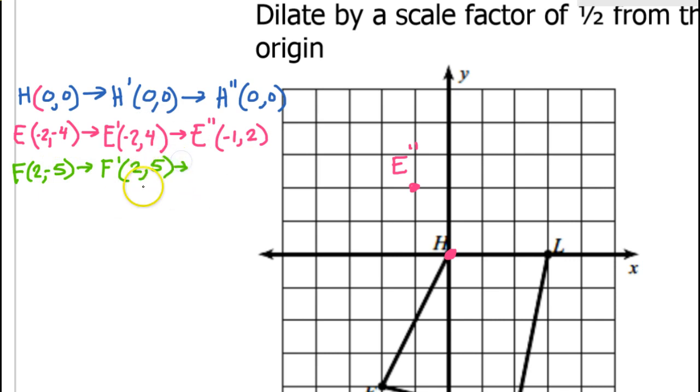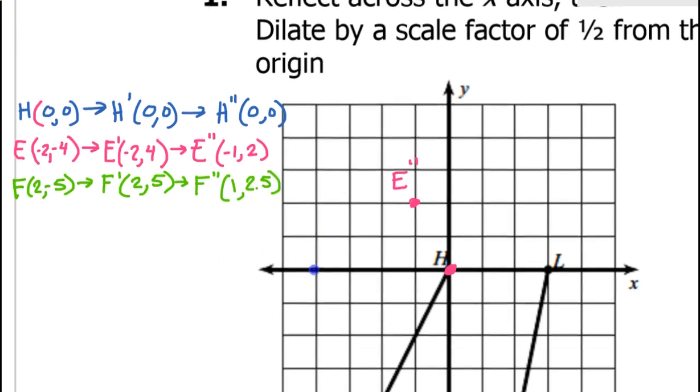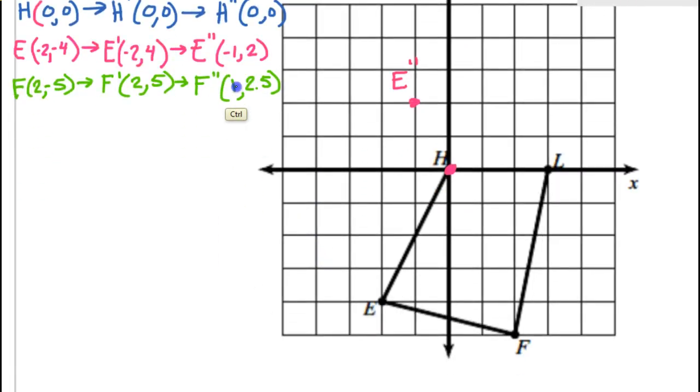Now it's time to do that dilation by a scale factor of 1/2 to get F double prime. So I'm just going to take half of each of these. Half of 2 is 1, half of 5 is 2.5. So F double prime should be at (1, 2.5). So that's going to be right here. There's F double prime.